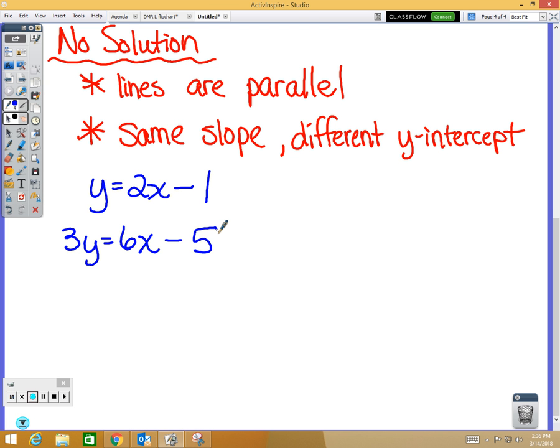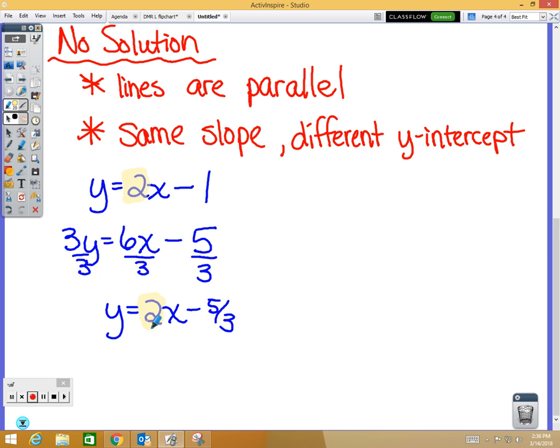All right, so we need to get this y by itself first. So we're going to divide each of these terms over here by 3, and that would give me y equals 2x minus 5/3. So in each of my equations, the slope is 2.